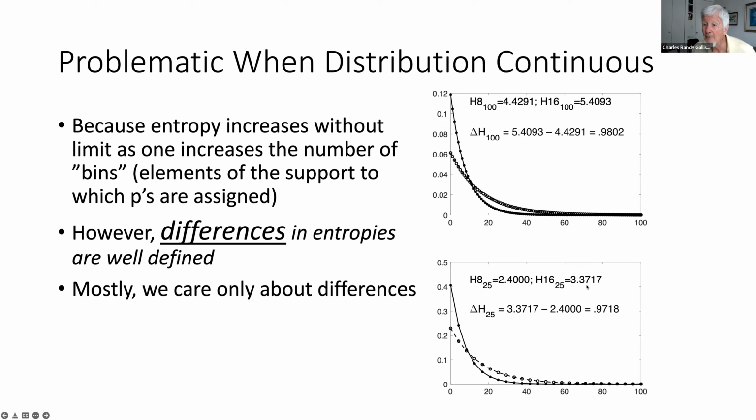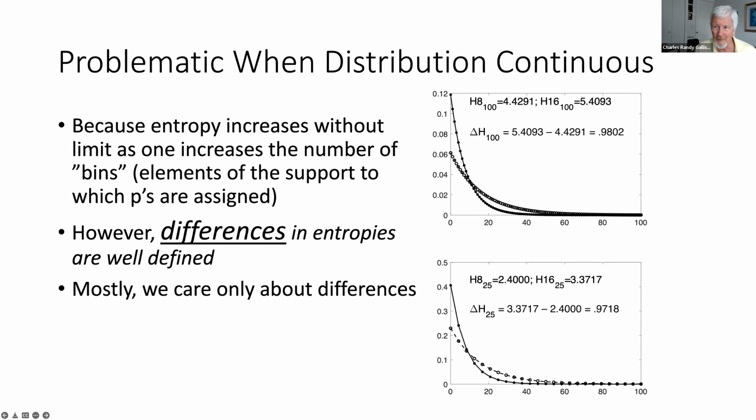The exact same computation down here, but just more crudely discretized, gives values of 2.4 and 3.37, right? Whoa, that doesn't look like this sum is converging, right? And in fact, you can go on doing this, and every time you increase the number of points up here, this integral goes up. And it never does converge, it goes right off to infinity. So the entropy isn't well defined.